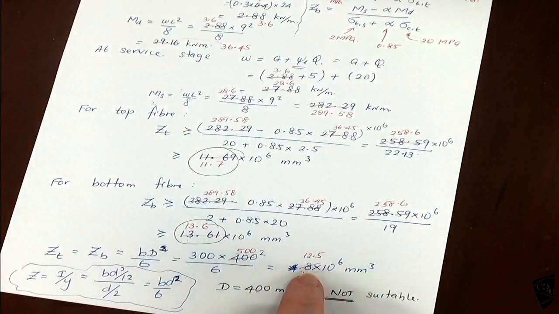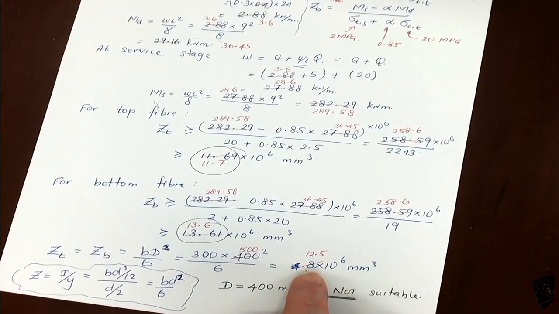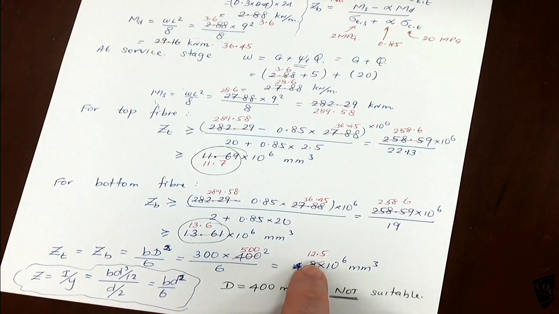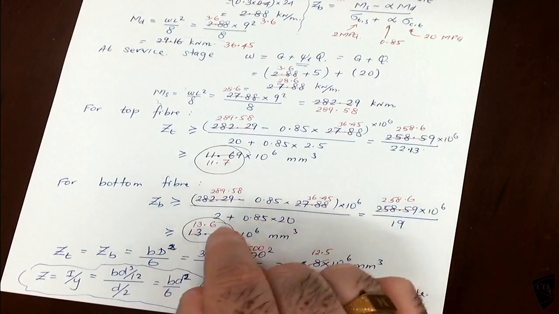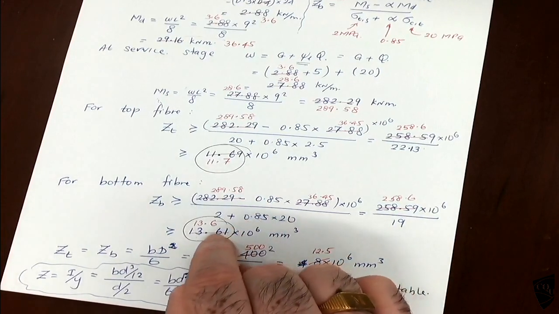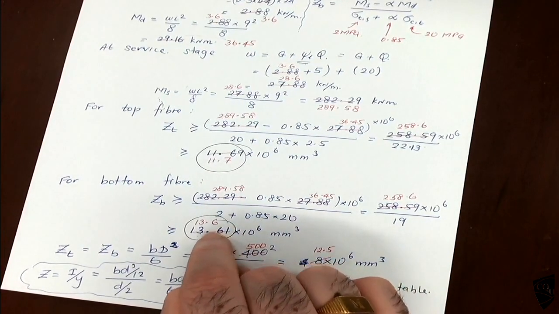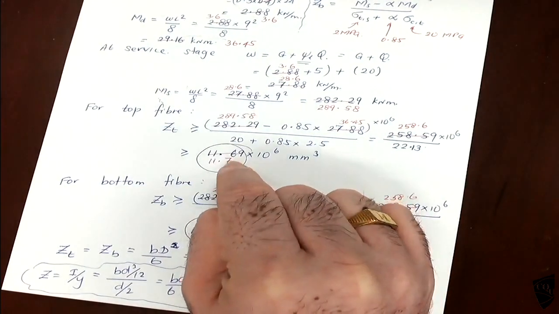Rather just do this one. So now it's 12.5. It is larger than this, but smaller than this, so not enough. This is okay, this is not okay.